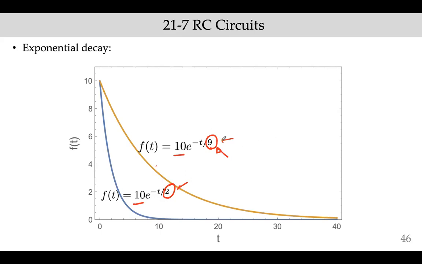In the following slide, instead of these numbers, we will have tau, and it will be equal to the resistance times the capacitance in the circuit. And this tau will determine how fast the charging will happen, or how quickly or how slowly the charging or discharging of a capacitor will happen.